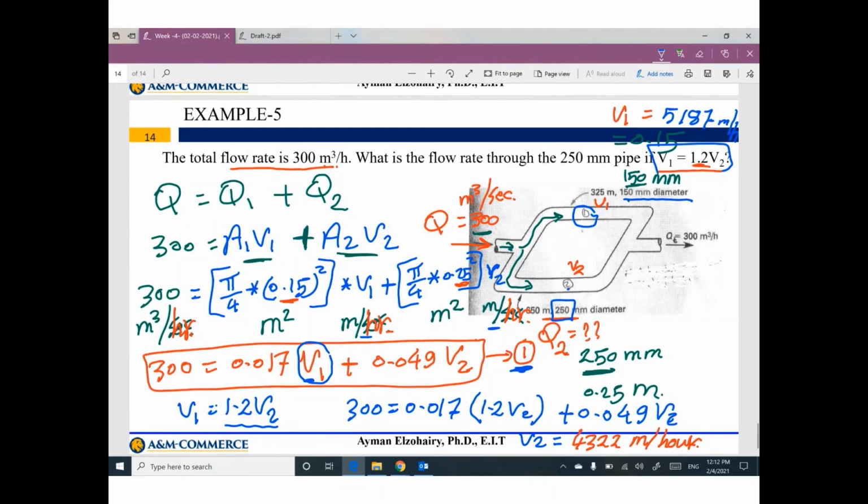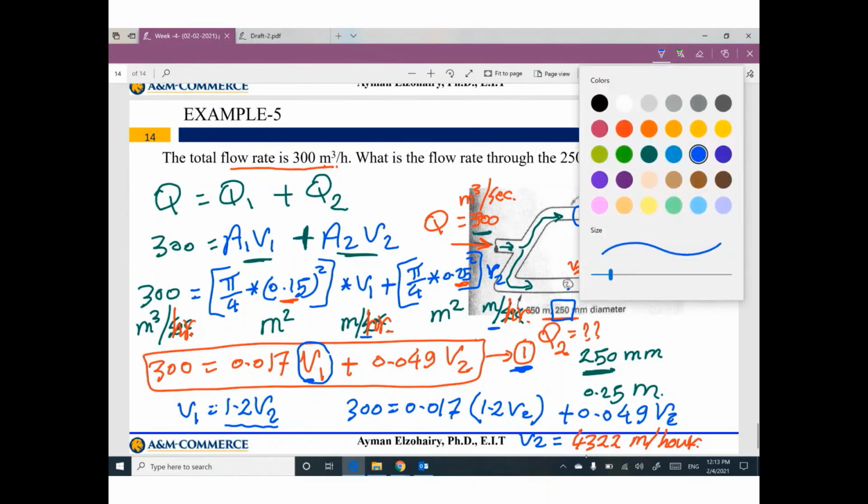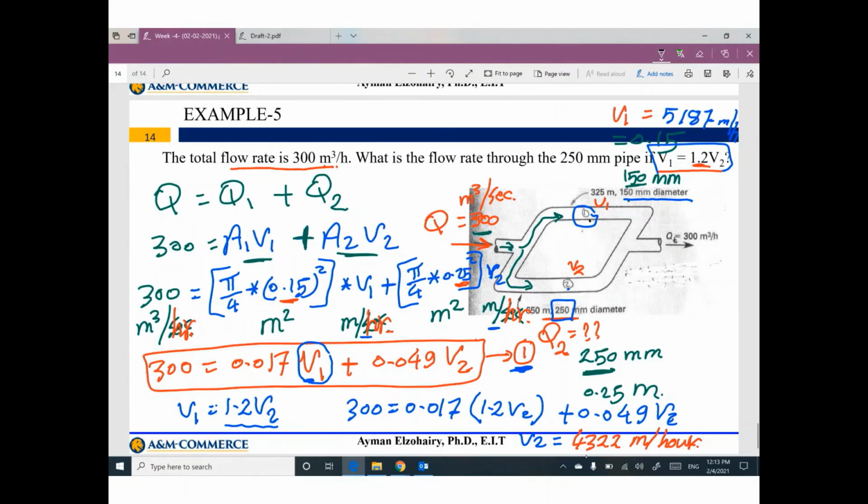Okay, but the problem did not ask you to figure out the velocity in pipe number 1 and pipe number 2. The problem asked what is the flow rate, what is the discharge in pipe number 2. Discharge in pipe number 2 equals area 2 times V2. Go ahead and put in your numbers. Area 2, pi divided by 4 times 0.25 squared, times V2, which is 4,322.